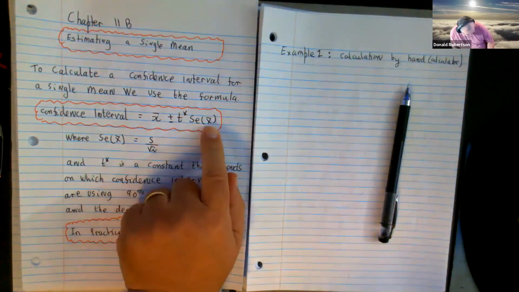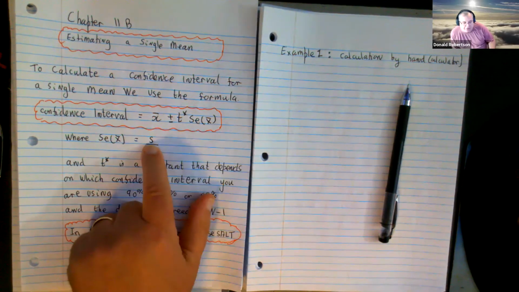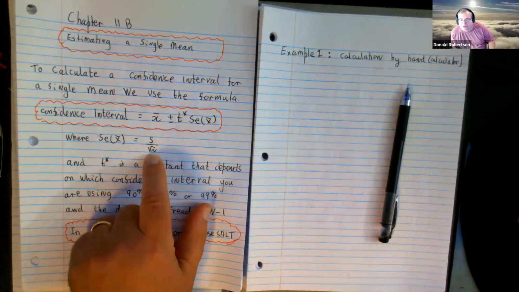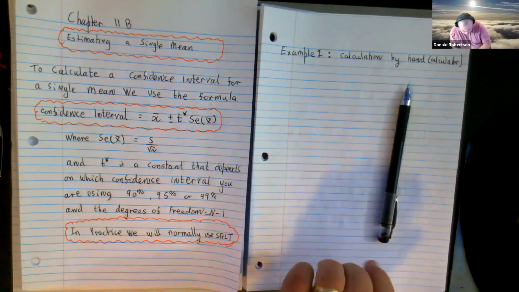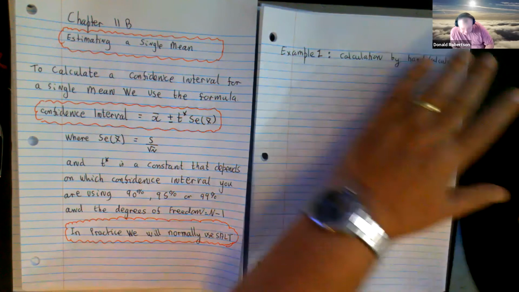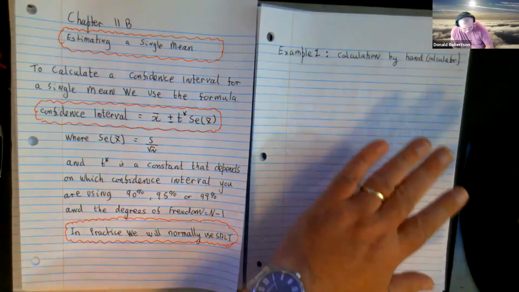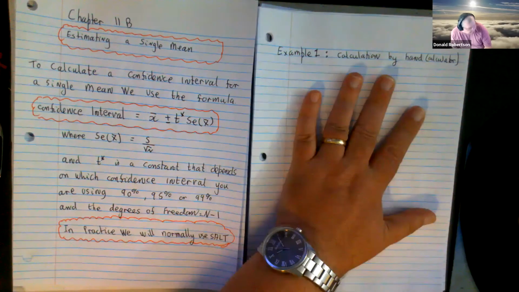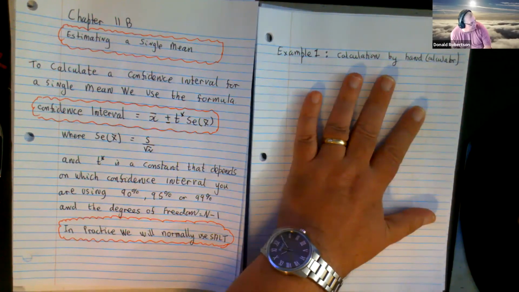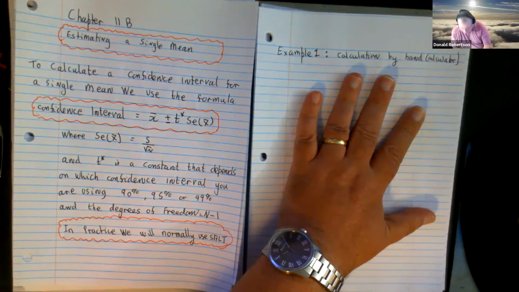On the other hand, the standard error of a single mean is just the standard deviation divided by the square root of n. So I'm going to do one question by hand. Well, mostly by hand, it'll really be calculator and Solve. And then we're going to show you how you're really going to do it in real statistics life. You're going to use a software package. In our case, it's going to be Solve.